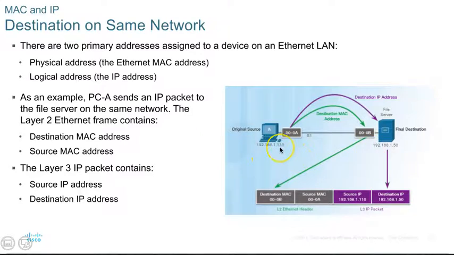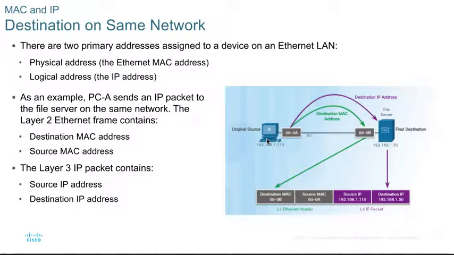By now, this PC knows the destination name and IP address. So the next thing after name and IP, this PC needs to know the destination's MAC address. How does it do that? It does that by sending an ARP.